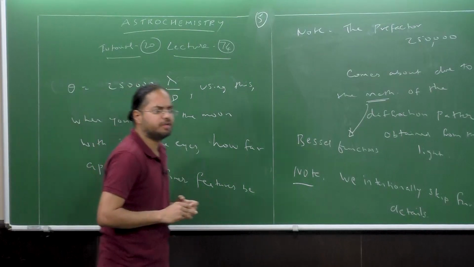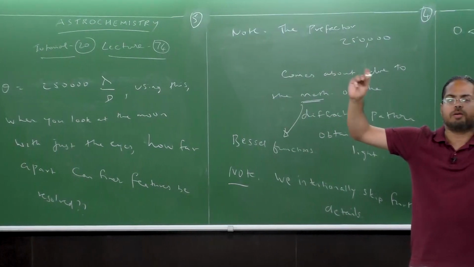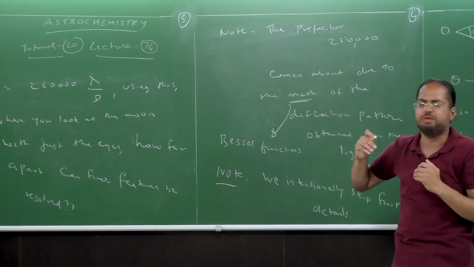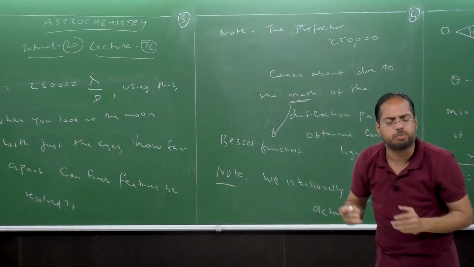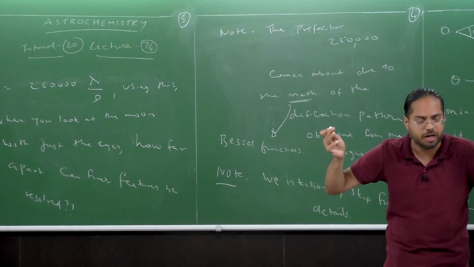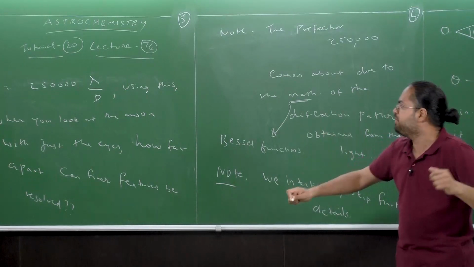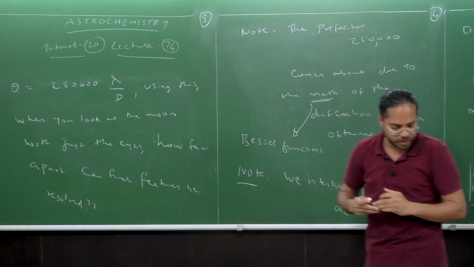In other words, the moon has various features, right? We see the dark spots. When we look at them, we see that they're all a collection of spots put together. But in reality, they may be quite far away. So what is the minimum resolution that we can understand with our naked eyes when we look at the moon? That is the question.